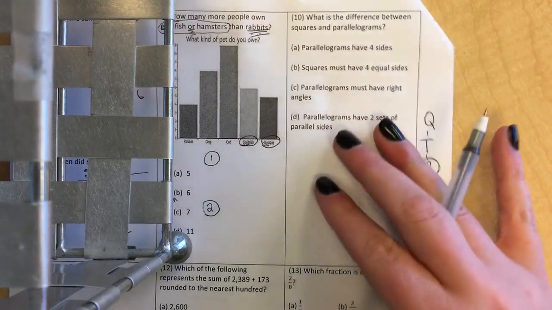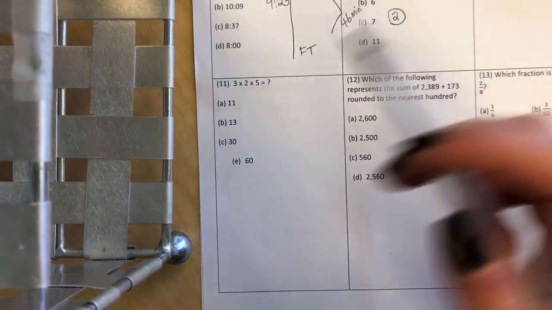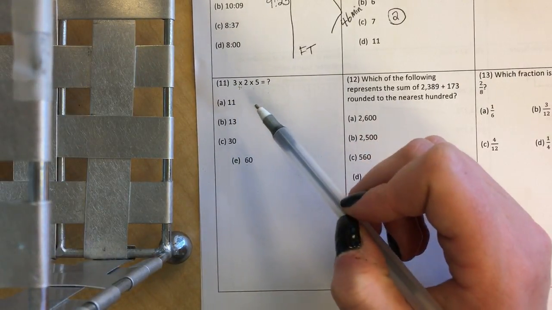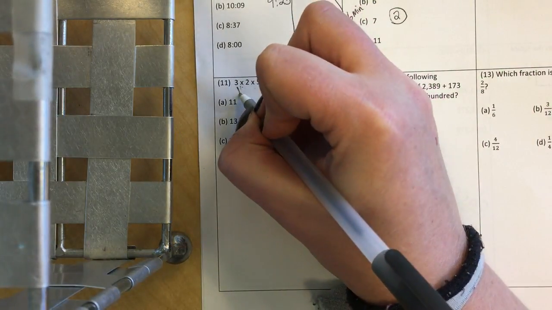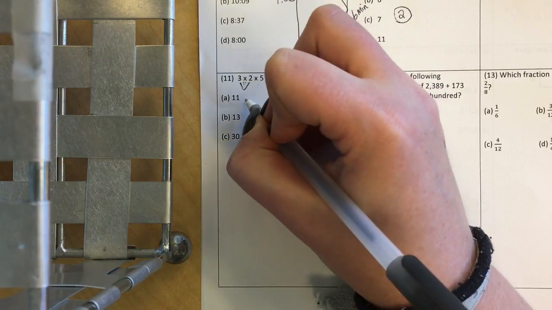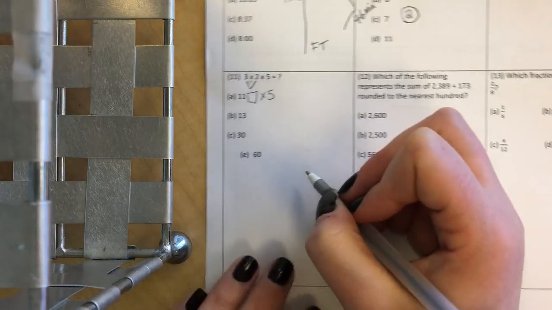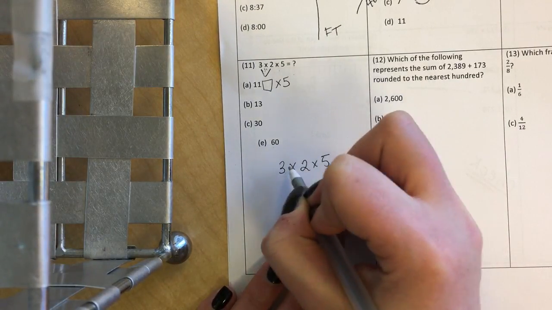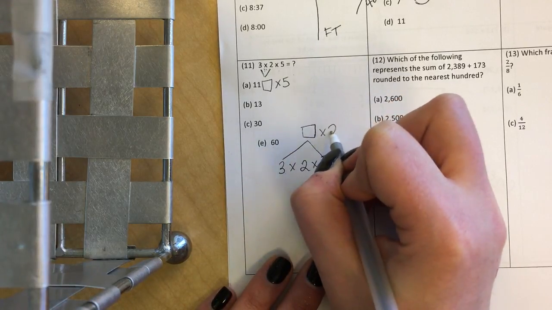Number 11 is a multiplication problem. We know with multiplication, we can multiply these numbers in any order and we're still going to get the same answer. So I can combine these two and I can get 3 times 2 and then I get that answer, and then I can multiply that by 5, or I can do 3 times 5 and get that answer and multiply by 2.